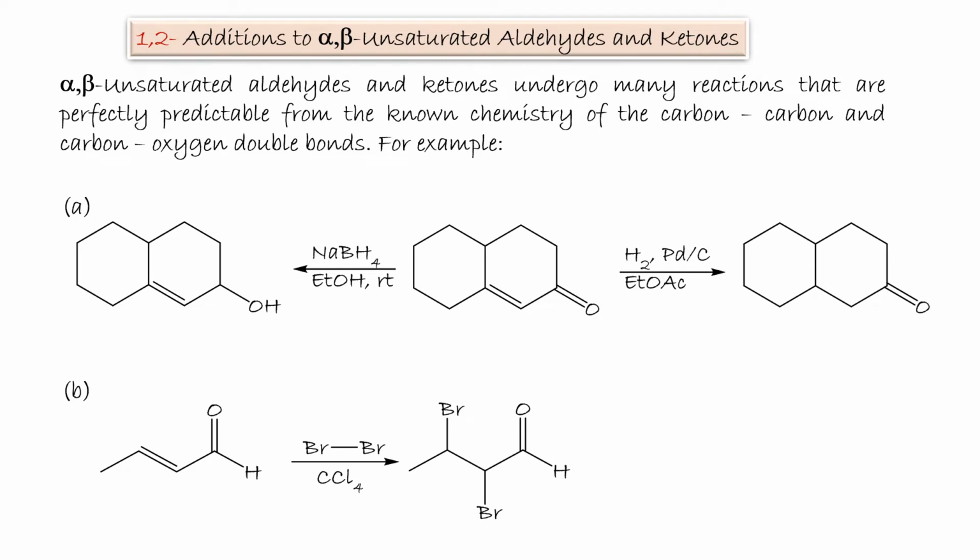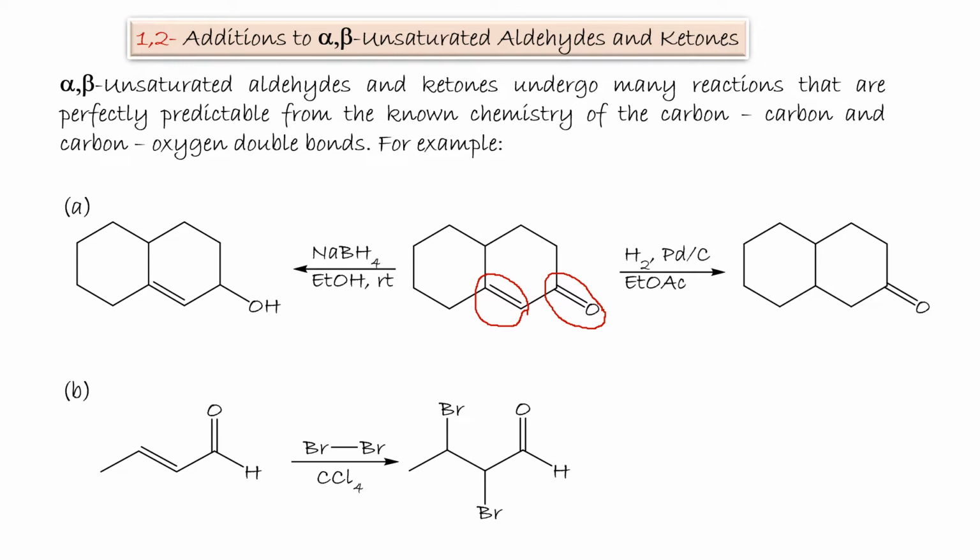1,2 addition to alpha beta unsaturated aldehydes and ketones. If you look at the alpha beta unsaturated aldehydes and ketones, we have a carbonyl and we have an alkene functionality. So, do these compounds undergo 1,2 addition?